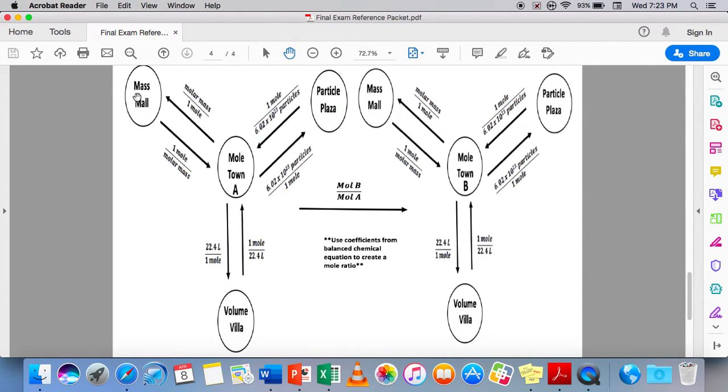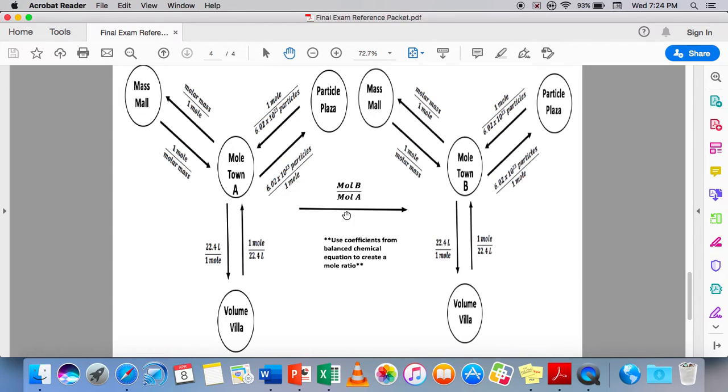But we can now go from Mass Mall to Mole Town. We can use our mole ratio to get from Mole Town A to Mole Town B, and then we can go from Mole Town B to Particle Plaza. And we take this route by following the direction of the arrows to get from our starting point to our ending point. Like I previously said, this week you all are going to learn how to actually do the steps. But for now, I just want you to get this mole map done.